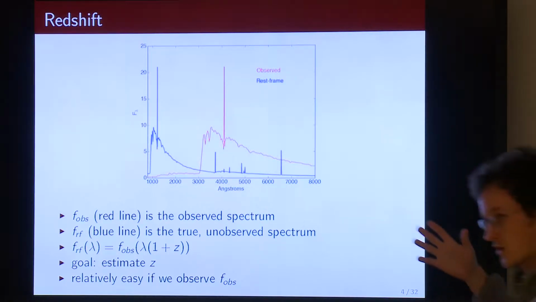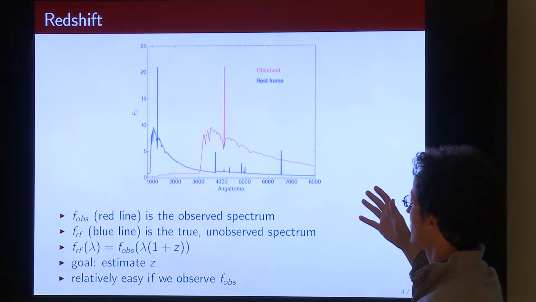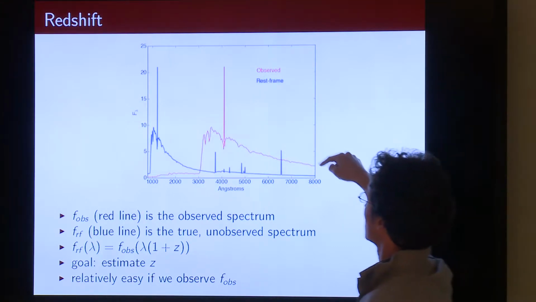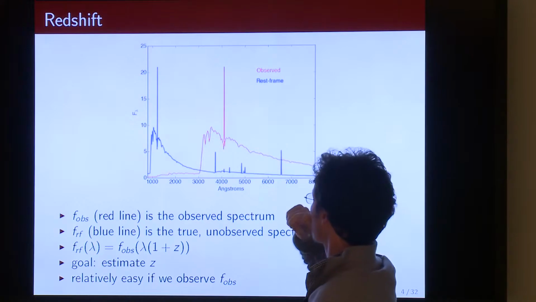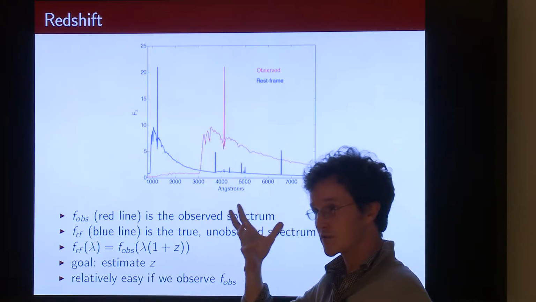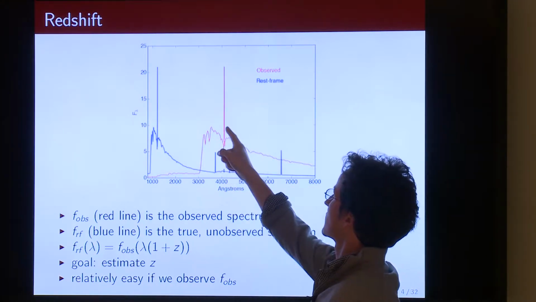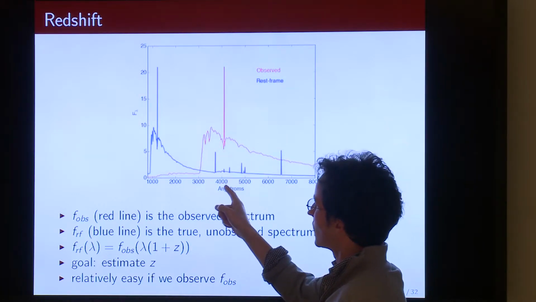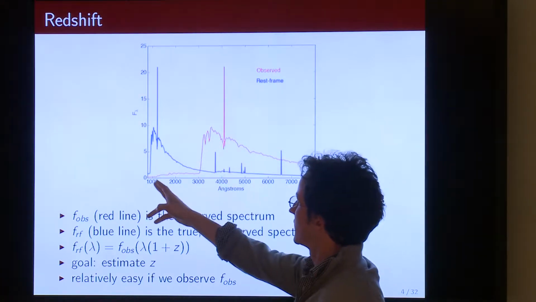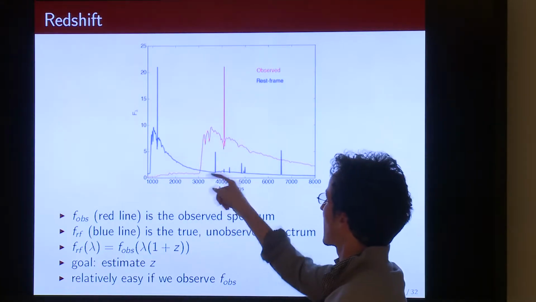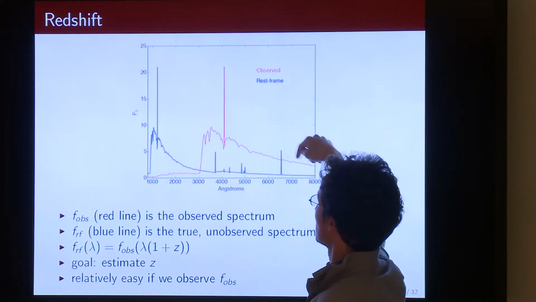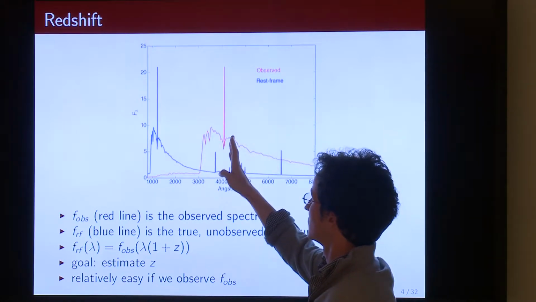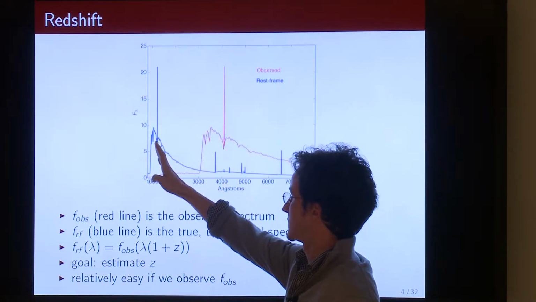Estimating redshift is fairly easy if our data is a spectra, like this red line, because we expect there to be certain features in the spectra. In particular, this spike that we see at around 4,000 angstroms, we know that there should be a spike near 1,200 or so angstroms. So if we have a spectra for an object like this red line, it's easy to estimate this Z quantity, the redshift.